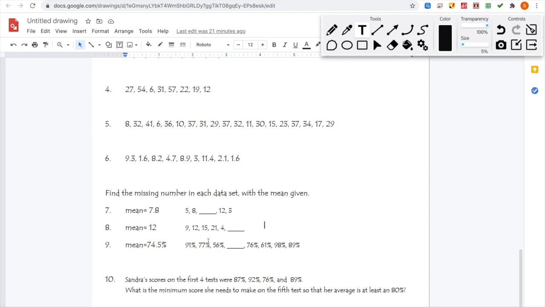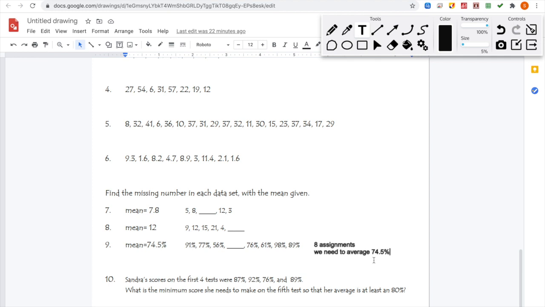So there's going to be 1, 2, 3, 4, 5, 6, 7, 8 assignments. So this one might be a little easier to conceptualize because it's more like grades. So we have 8 assignments, and we need to average a 74.5, or else we won't get whatever new game Guardians promised us.